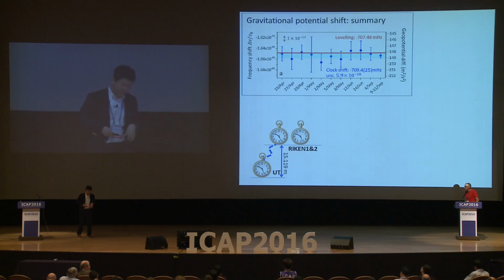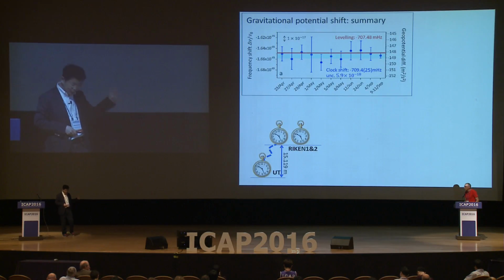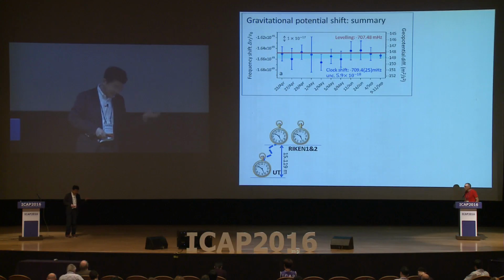So the only way is to make a very good portable machine and compare at the institute and make an agreement. Or another way is to exchange the ratio of different atomic clocks.